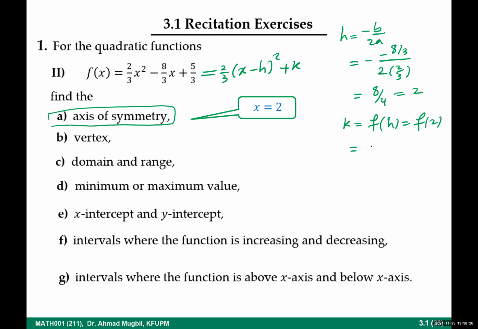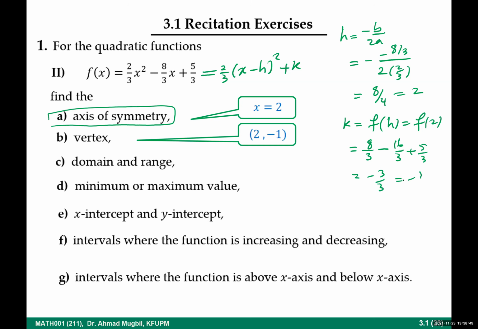So what will it be? 2 over 3 times x squared, which is 4, so this will be 8 over 3, minus 2 multiplied by 2, which is 16 over 3, plus 5 over 3. What is that? This is negative 3 over 3, which is negative 1. So the vertex is 2 and negative 1. Domain: all the real numbers. Range, what?